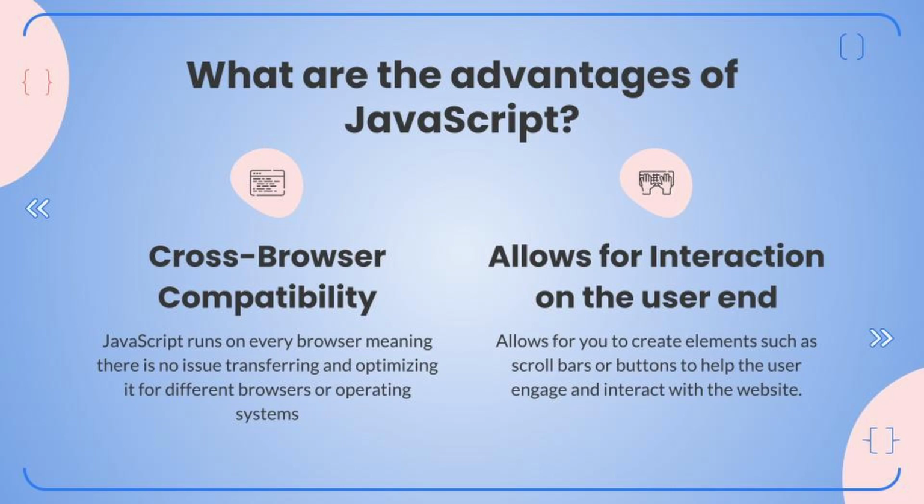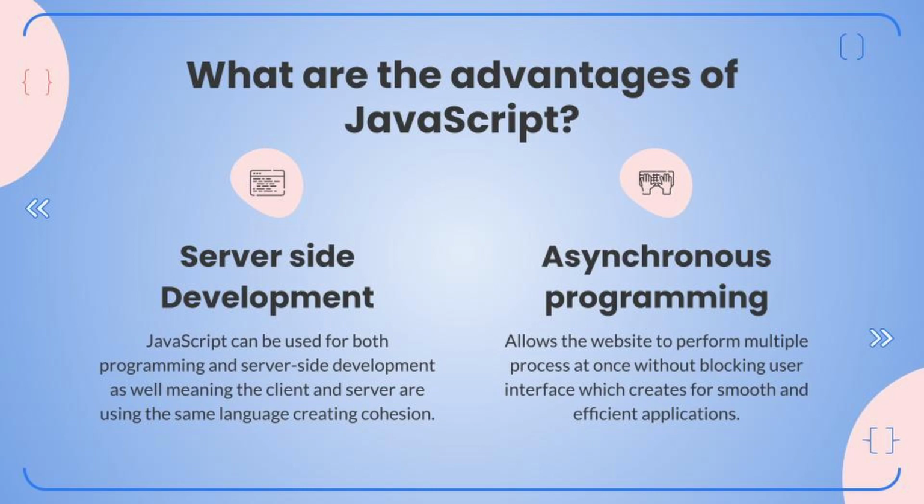JavaScript also adds interactivity to websites, allowing you to create dynamic and responsive user interfaces, making the web experience more engaging and user-friendly. With the advent of Node.js, JavaScript can also be used for server-side development. This means that developers can use the same language on both the client and server sides, leading to more cohesive and maintainable code bases.